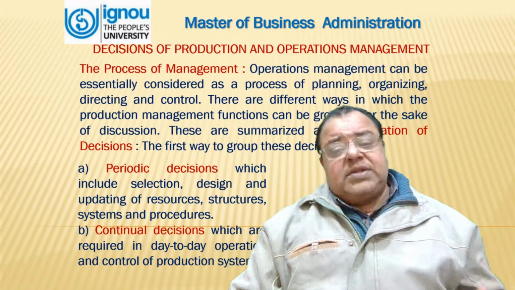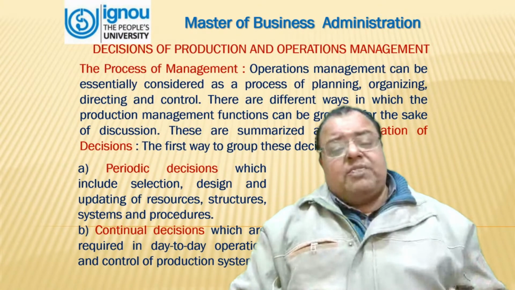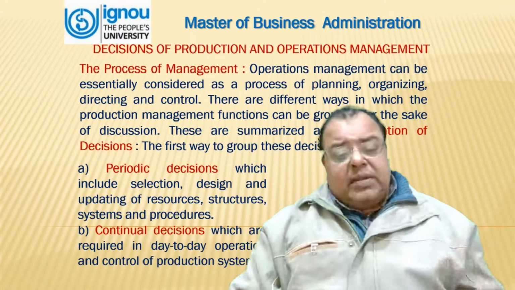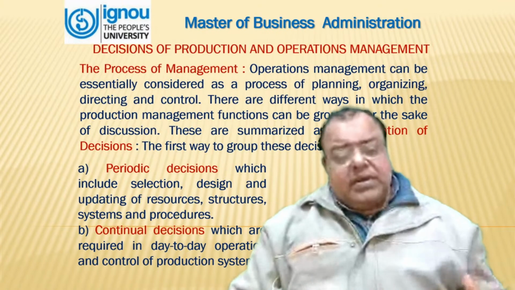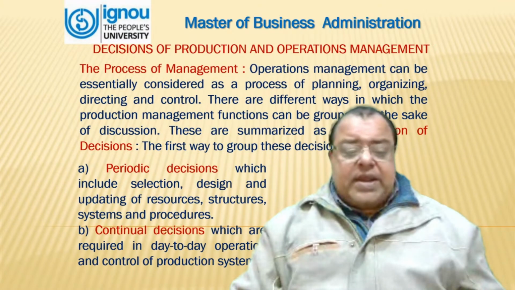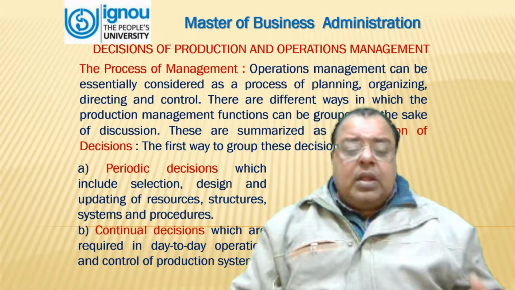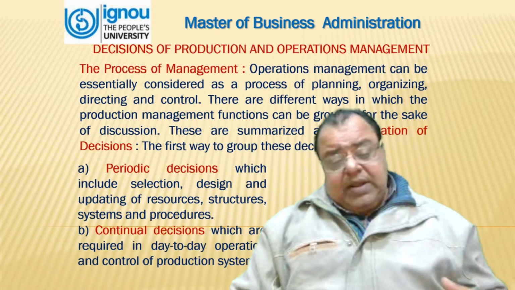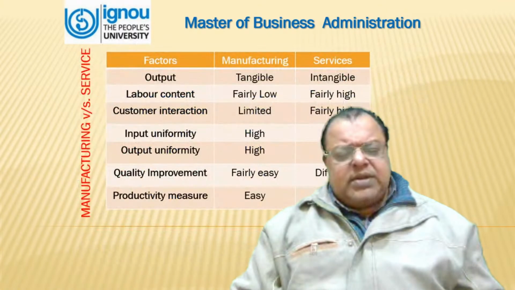These are summarized as classification of decisions. The first way to group these decisions is periodic decisions, which include selection, design, and updating of resources, structures, system, and procedures. The second one is continual decisions, which are required in day-to-day operations and control of production systems.